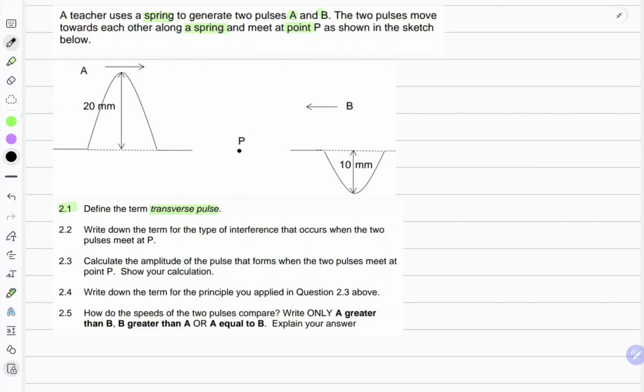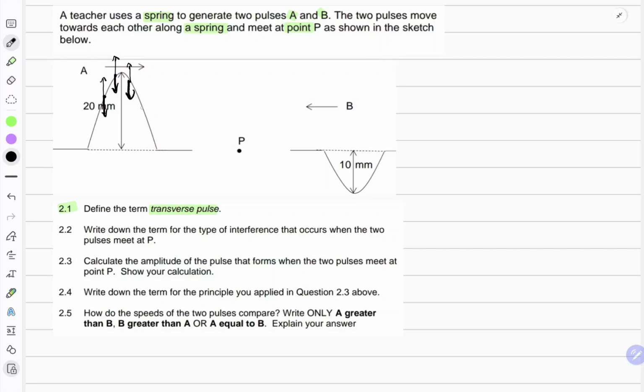So a transverse pulse is a single disturbance where the movement of the particles in the disturbance is in an upward-downward movement. So essentially they vibrate upward and downwards.